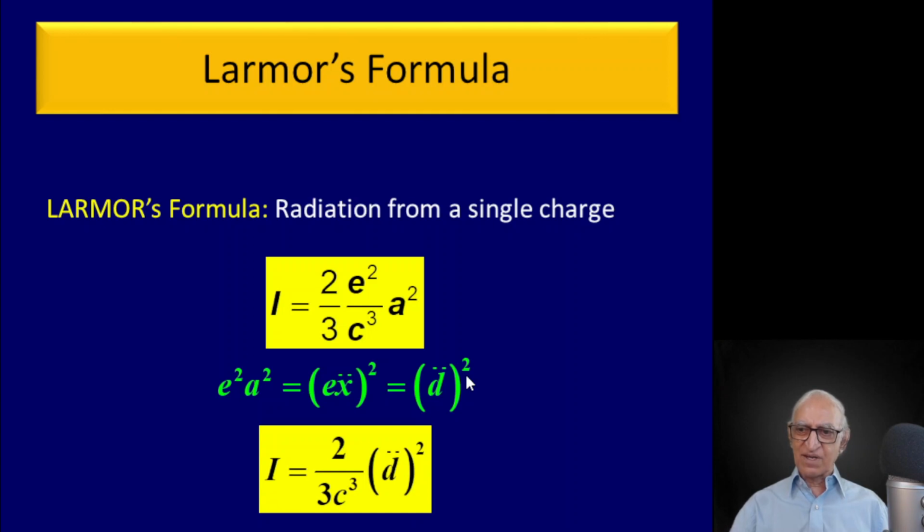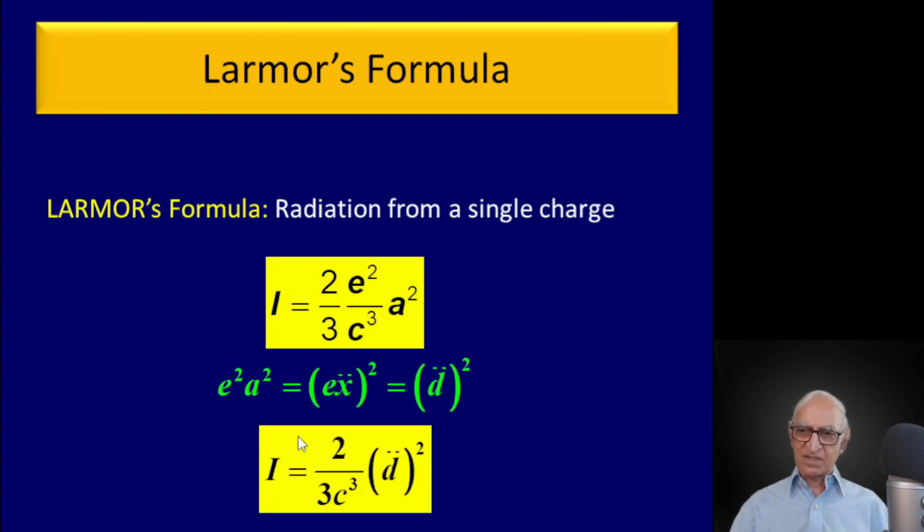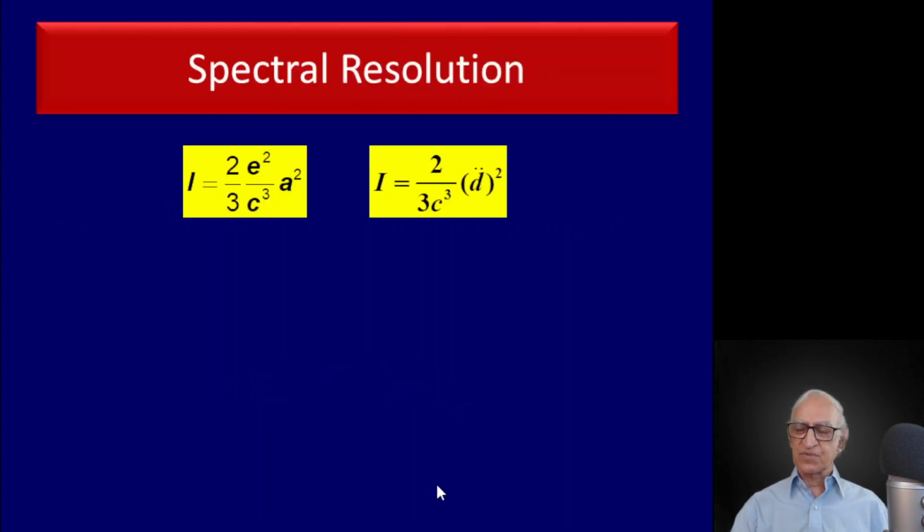So this formula can also be written as 2 by 3 c cubed multiplied by the square of the second time derivative of the dipole moment. So you should remember this formula at all times, either in terms of acceleration or in terms of the second time derivative of the dipole moment. So there are the two formulas once again.